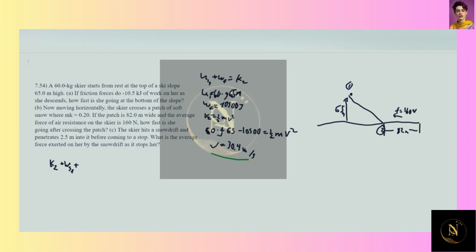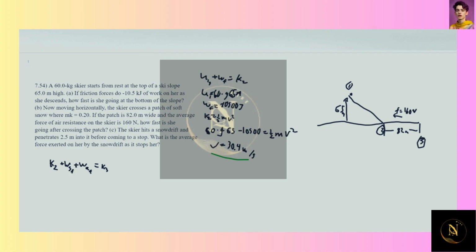We have work done by the air friction. So I wrote AF. And then that is equal to K3. That's the kinetic energy at position 3. Okay, so again, we know what K2 is. We already found what that is. Or I'll just need to plug it in again.